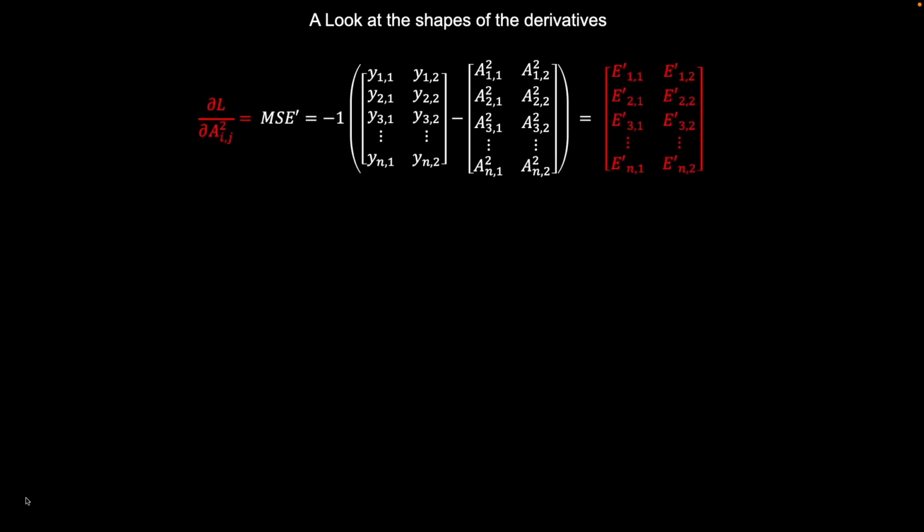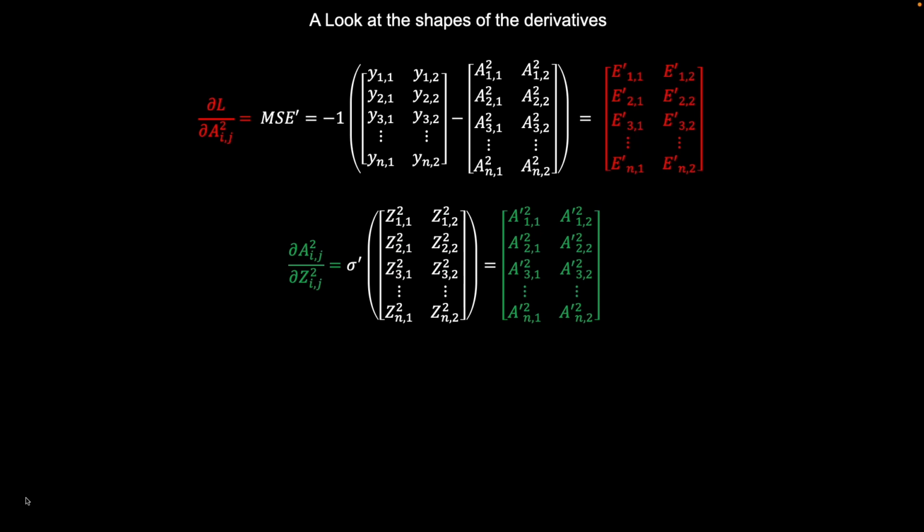To get a better understanding, we can look at the shape of the derivatives as they're being calculated. So, the derivative of the loss with respect to A2 is simply equal to the derivative of the mean squared error function. This is going to be -1 times y minus A2. This results in a matrix of shape n by 2. We can call this E prime.